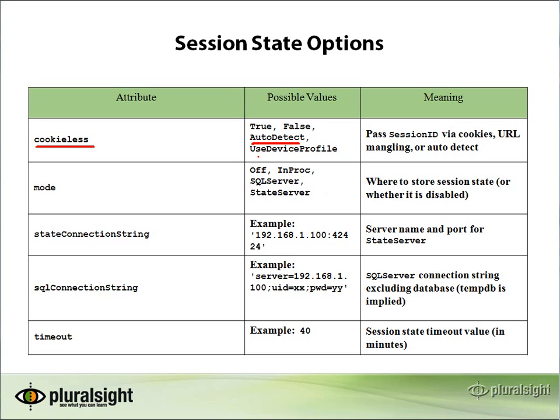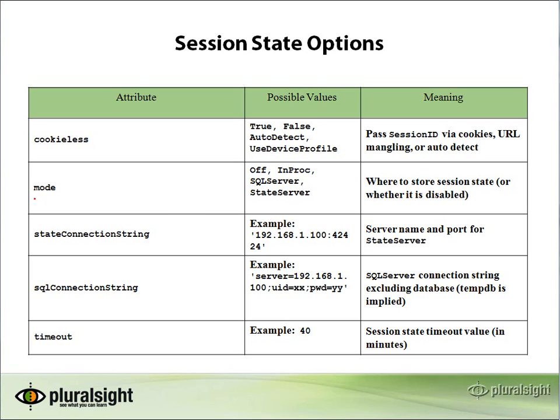There's another option called use device profile, which probably isn't going to be very often useful because this looks at the browser capabilities and decides whether to use session cookies or URL mangling based on the browser capabilities. And most browsers do support cookies. The issue is clients sometimes turn them off. So that is not something you can detect in the HTTP header, so this will not be reflected there.